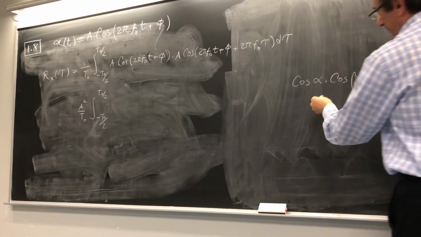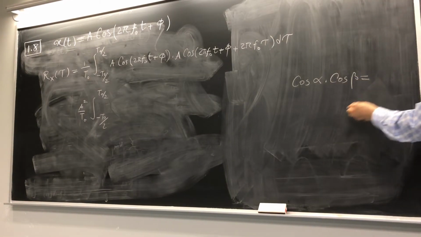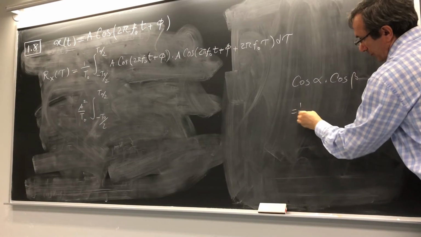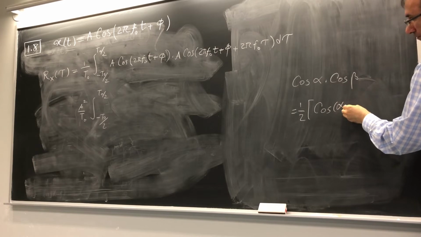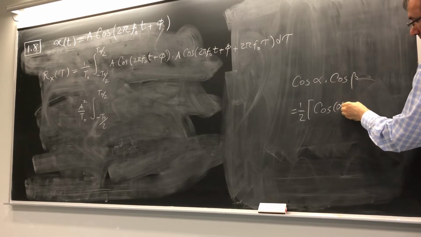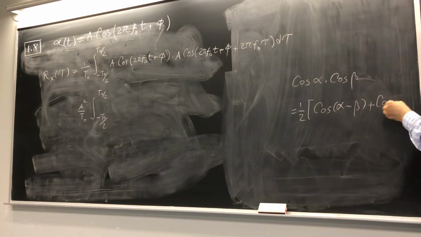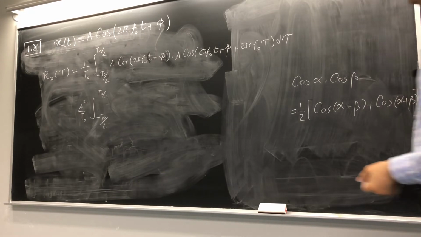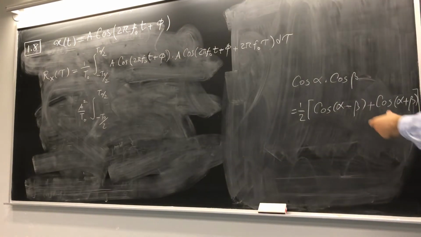It's 1/2 cosine of alpha minus beta, and then plus cosine of alpha plus beta. What makes it easy for us is that there are at least 2 terms that can be cancelled out if we do this subtraction.